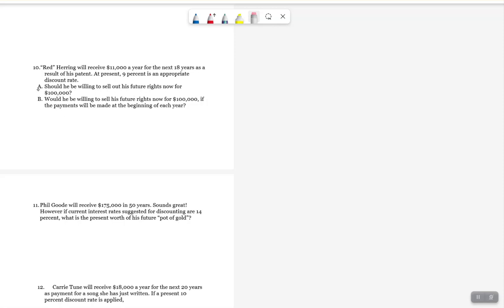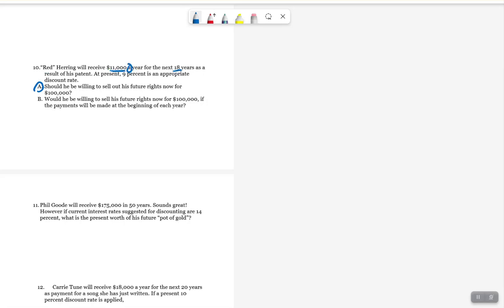So what we needed to know is what we are doing with it, before we compare it to 100,000 in this case. We are comparing it to whatever answer we receive. We're going to receive 11,000 a year for 18 years.